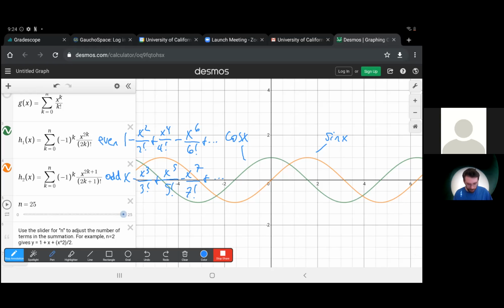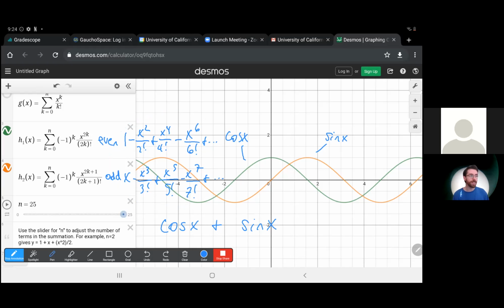But I could show you one final interesting thing. Let's say I wanted to add them together, right? So I added one sum plus the other sum. That would be like adding these two things together, which we know how to do.